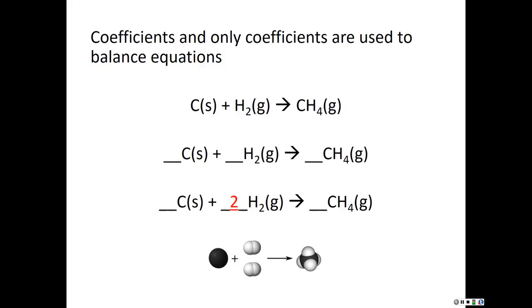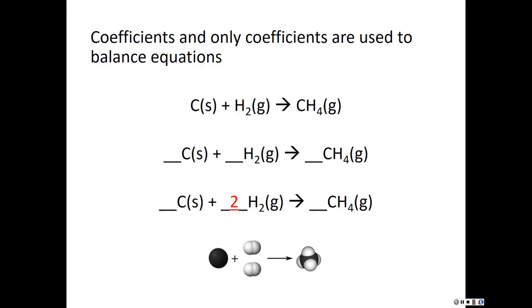So I've gotten rid of my odd number, and now I need to adjust my reactants to match. So I've got 1 here, and I need 4, so the coefficient I need to put there is a 4. That's going to change this to 4. And then I've got 2, I need to get to 6. So each one is worth 2, so 3 is going to give me 6.